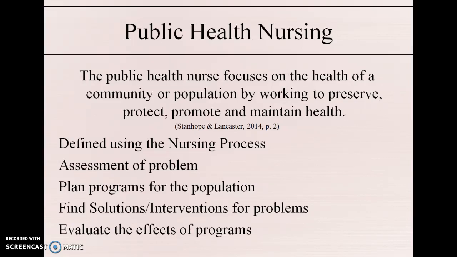We assess problems that our community may be having. We look for the strengths of the community and try to work with that to build the community, and we look for their weaknesses. And when we see weaknesses, then we plan programs for the population. We look to find solutions and interventions for problems that the community is having, and then we evaluate the effects of the program.